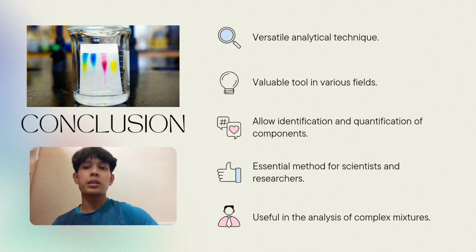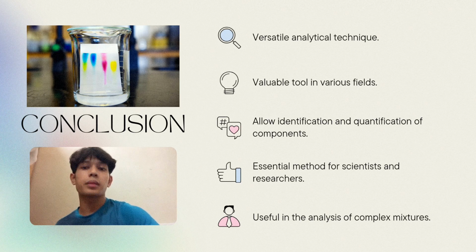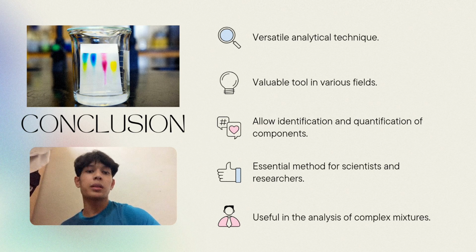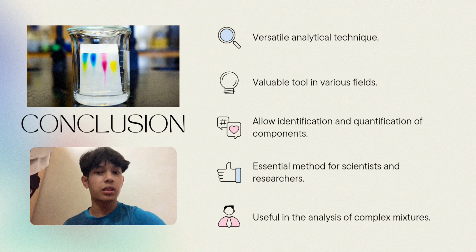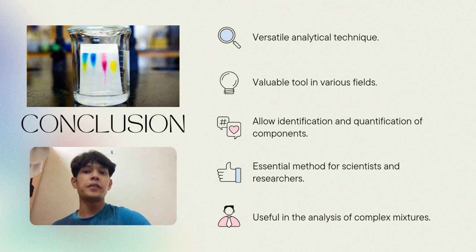By exploiting the principle of adsorption, partitioning, or affinity, chromatography allows for the identification and quantification of individual components within a mixture. Its wide range of applications, simplicity, and high resolution make it an essential method for scientists and researchers worldwide. With ongoing advancement and innovation, chromatography continues to evolve, offering improved accuracy, sensitivity, and efficiency for the analysis of complex mixtures in diverse scientific disciplines.